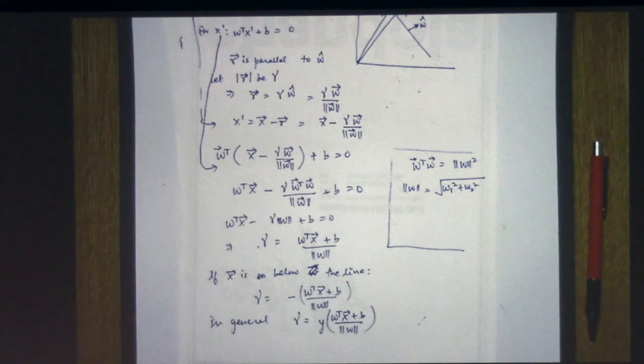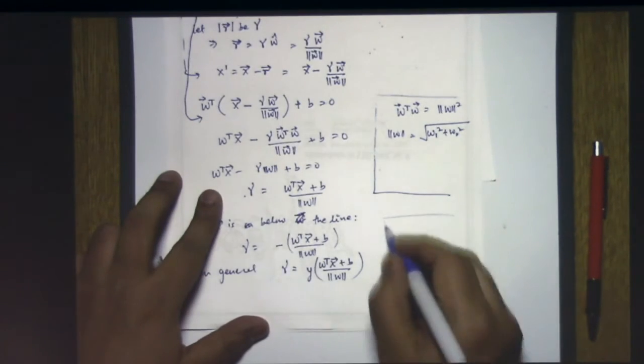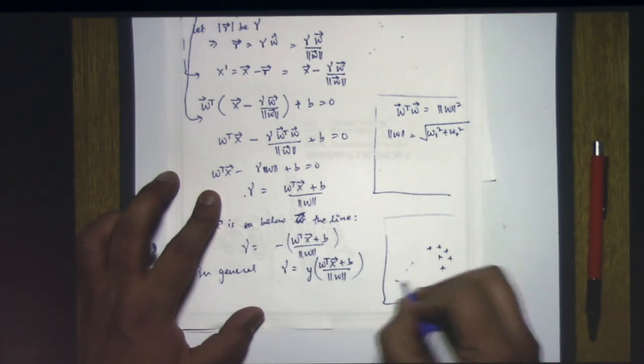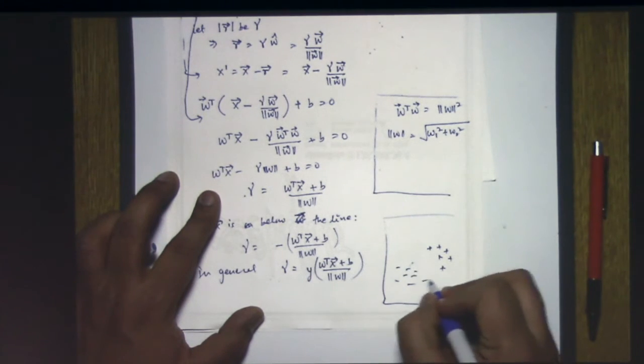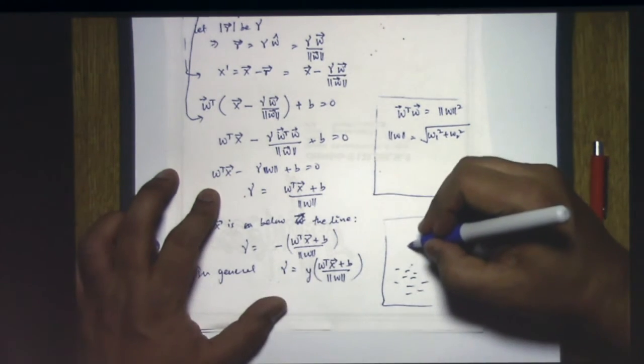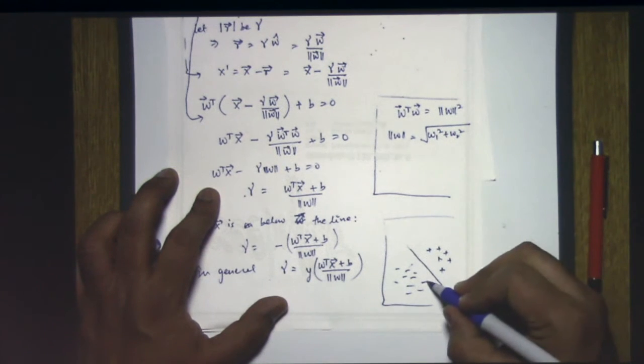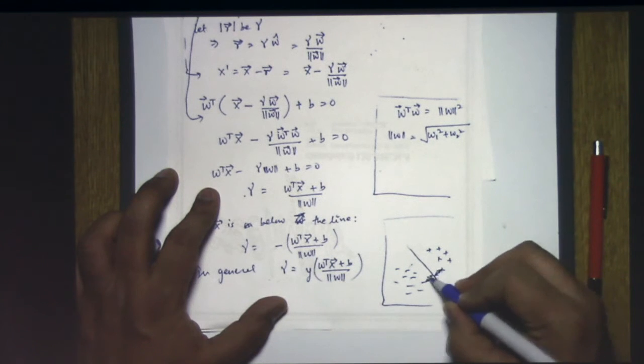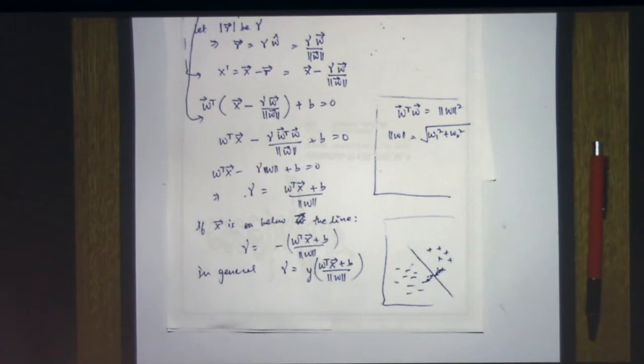If your training data looks like this, plus plus plus plus plus and some minus, whatever line you draw, you consider the points that are closest to it and you try to maximize that margin. All right, so that is the idea. Any questions so far? Yeah.